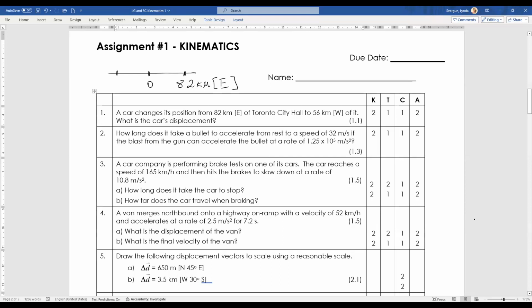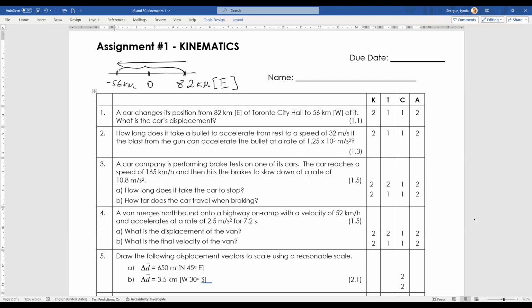West 56 is negative 56 east. So you're moving from here to here, moving west.